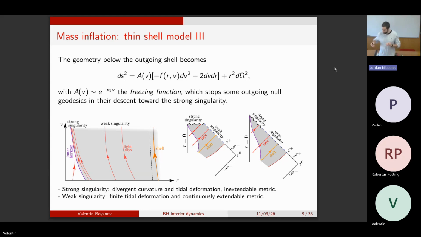It's not like the Schwarzschild singularity where everything gets compressed to a point. Here you get some abrupt deformation when you cross it, but still finite. And so that's the physical picture, and mathematically that translates to the metric being C0.